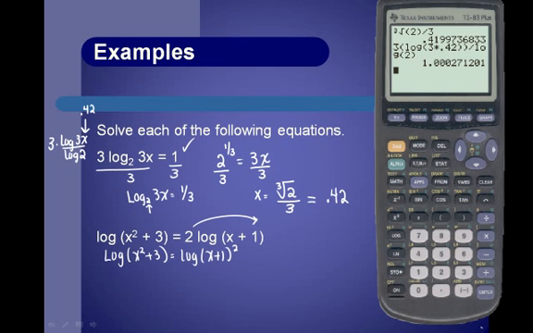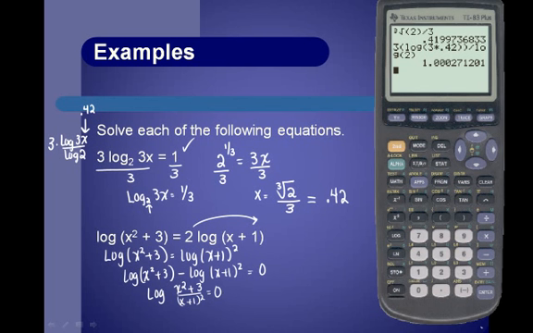So if we do this, we would get the log of x squared plus 3 minus the log of x plus 1 squared equals 0. Because we're subtracting logs, that means we can write that as a quotient. So it would be the log of x squared plus 3 over x plus 1 squared.